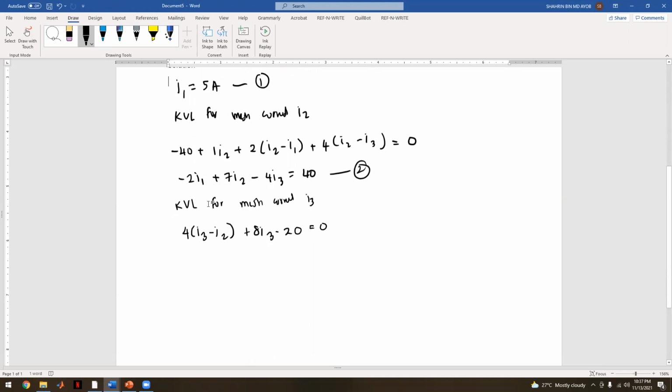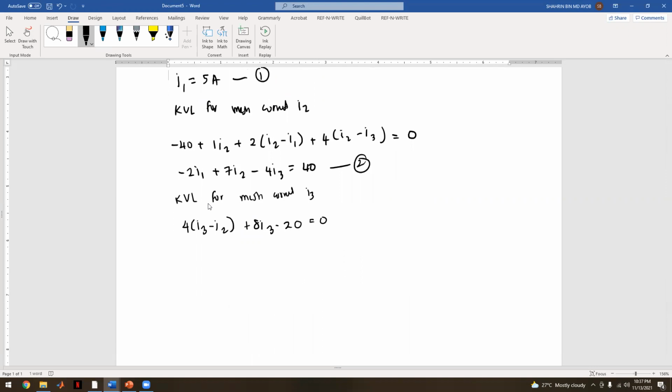So we rearrange this one, you will obtain negative 4 I2 plus 12 I3 equals to 20 volt. So this is your third equation.